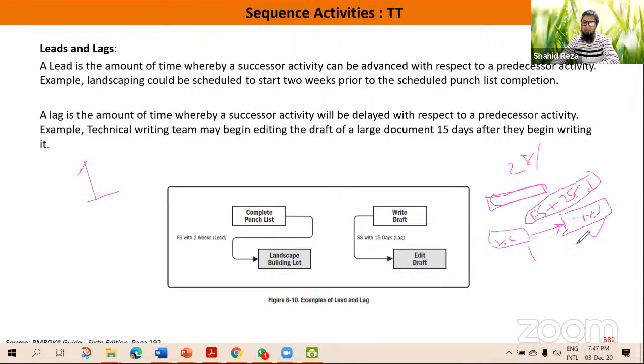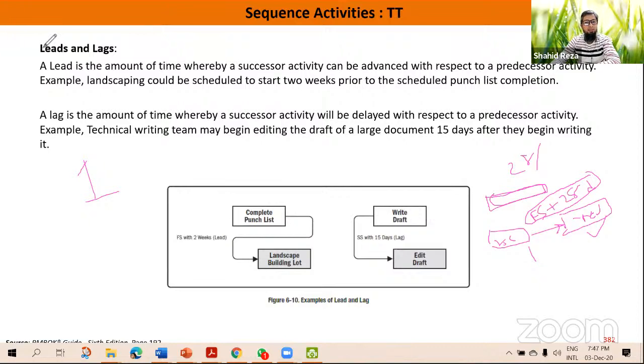We are lagging or pushing the successor activity further, in this case by 28 days. This is required in different kinds of project activities.